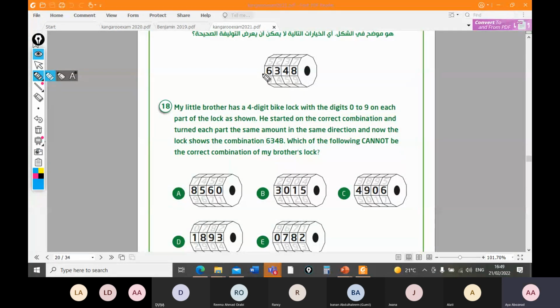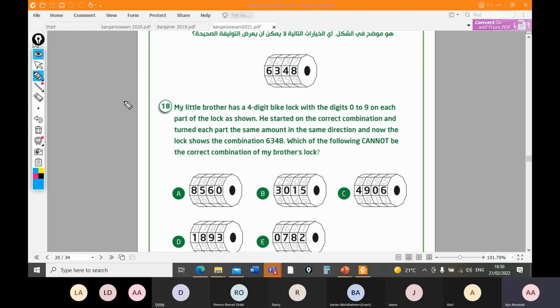Okay, this is the key. We turn the key with the same amount and also in the same way. The same amount and the same direction. So if I rotate this number 2 sides, it's going to be this number. If I rotate up, if I rotate down, I will get this number.